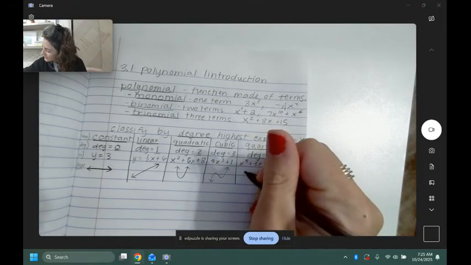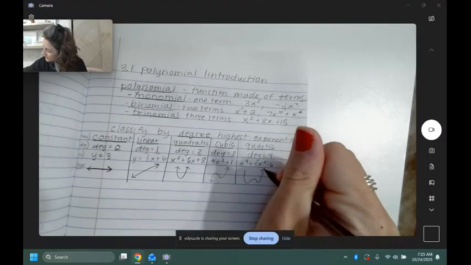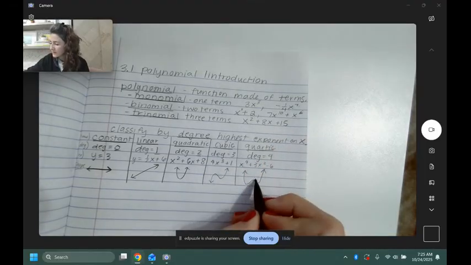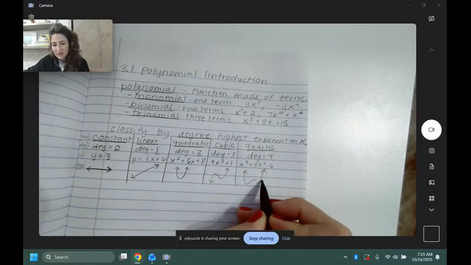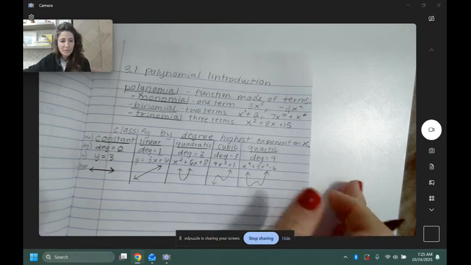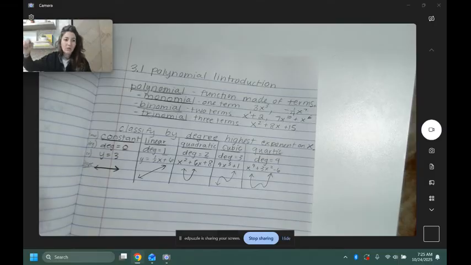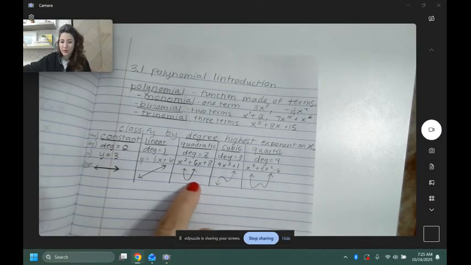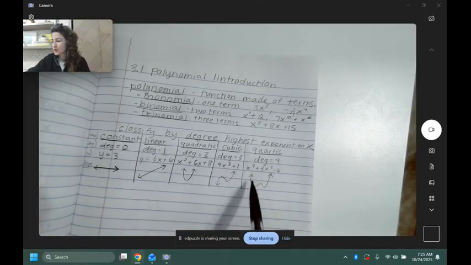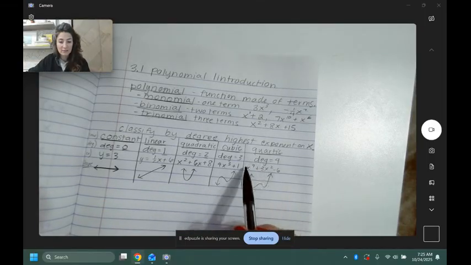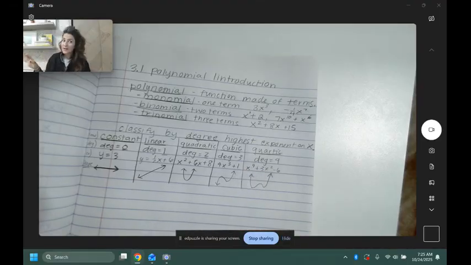This one kind of looks like a W. And again, these turns in the graph could be less violent or a little more subtle. Sometimes it looks like a U with a longer base, depending on how many terms you add to the quartic function.